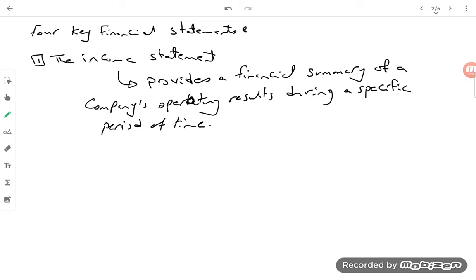And then deduct taxes or interest in order to find finally the retained earnings and earnings per share. So it's like a summary of all sources of income and expenses for the corporation, in order to find the net profit. So this is number one.